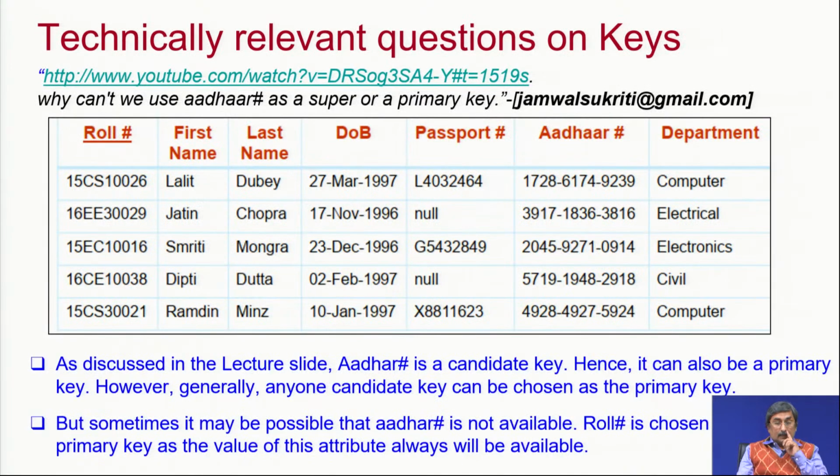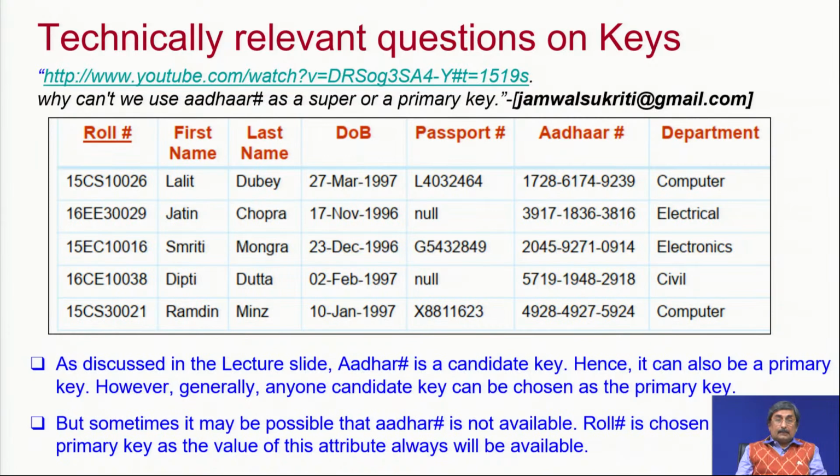Similarly, one more question was there. Somebody was saying that if I assume that Aadhaar number is available to all students and Aadhaar number is unique in a particular country, then Aadhaar number can be a candidate key. Aadhaar number is definitely a candidate key because it uniquely identifies every record, every row of this table.